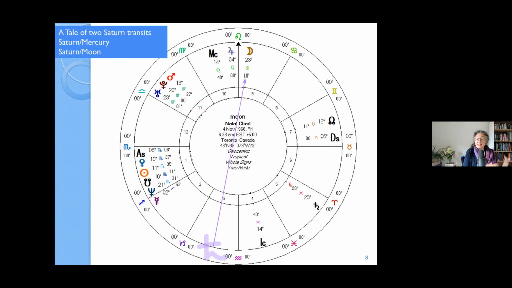There was an international expat connection to their experiences during this time. They developed a new commitment to self-care and their physical health and fitness. They did experience a little bit of separation from their loved ones and their family. But for the most part, this individual feels like they were really able to achieve something that they were quite proud of during this particular transit.